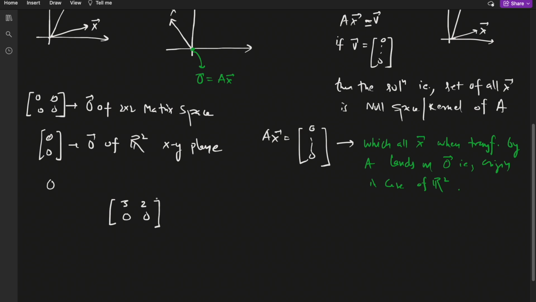If you see, both these two columns are linearly dependent, right? They both lie on the x-axis. If you have studied the last lecture, then you know that the column space is nothing but the x-axis. The dimension of the column space is just one, because both the column vectors are linearly dependent and lying on the x-axis.